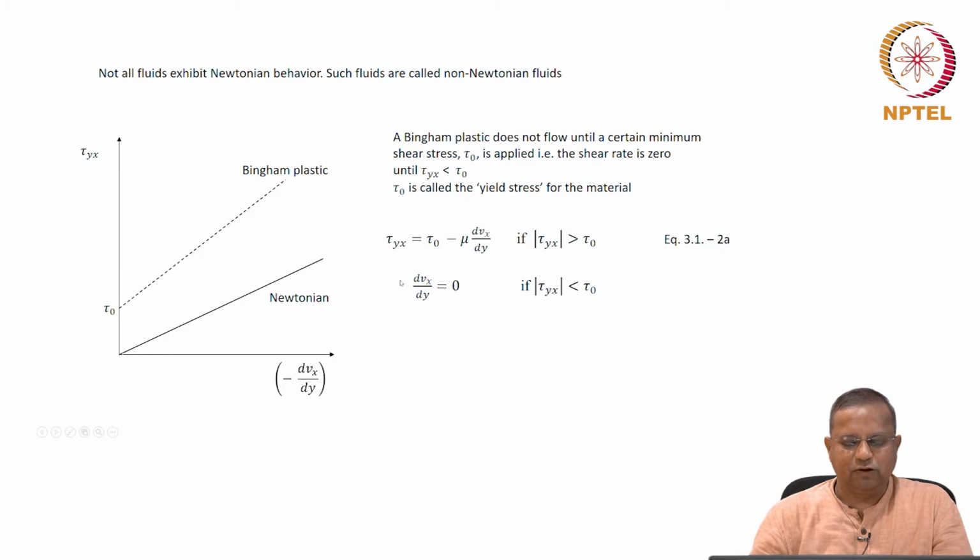So, it does not move till this is applied, and after it is applied, it starts moving and it shows a typical Newtonian behavior. Of course, it does not pass through the origin, it passes through tau 0. That is why you have an intercept here, y equals mx plus c kind of a thing. So, we will call the first one 3.1-2a, the second one 3.1-2b.